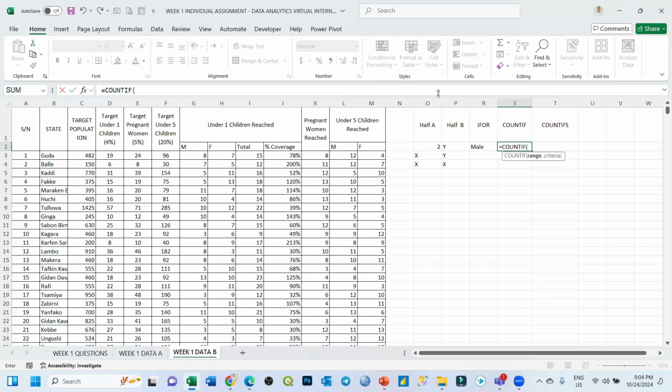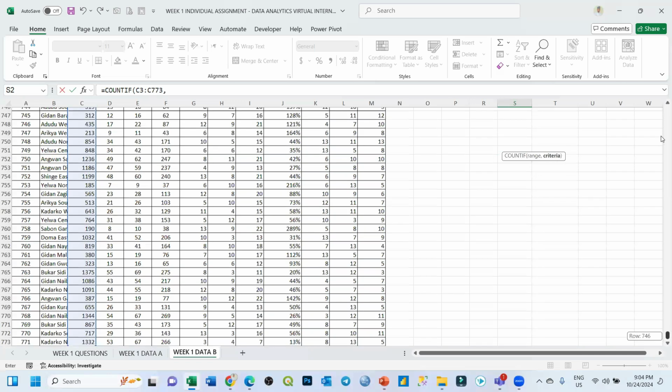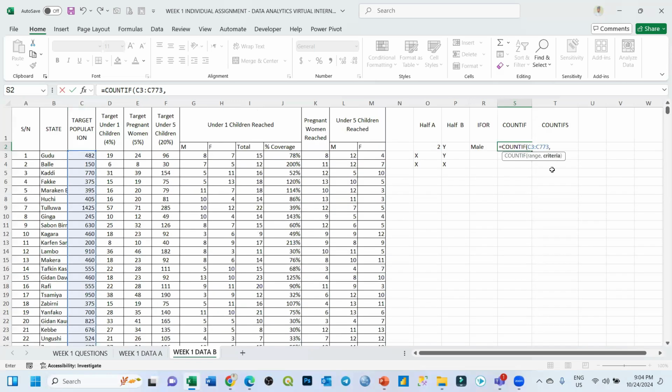So we are counting, first of all, the number of states with more than 300 target. So let me just say COUNTIF, this is the range of the target population, comma, what are we counting, the criteria? We are counting more than 300 target population. So for more than 300 target population, I'm going to put double quote because we are using that greater sign.